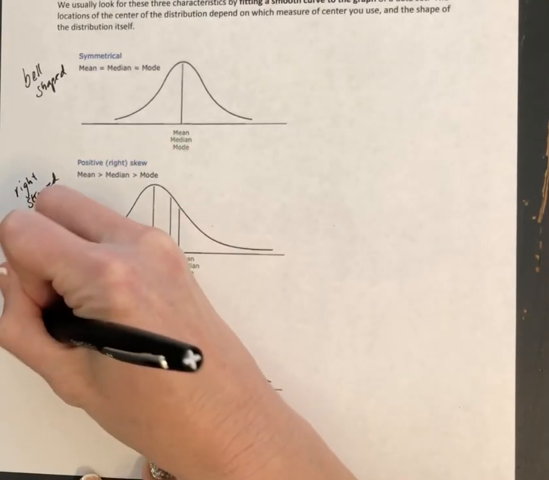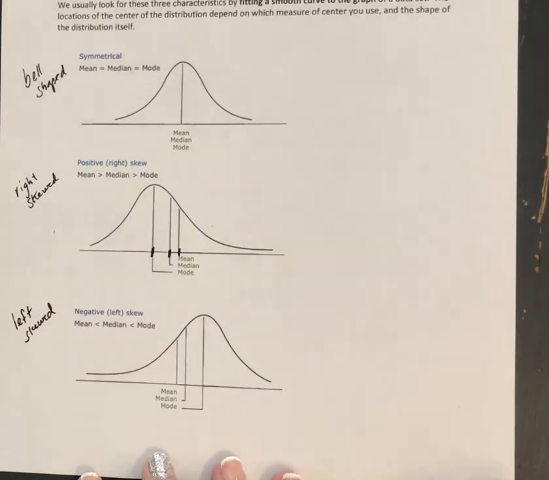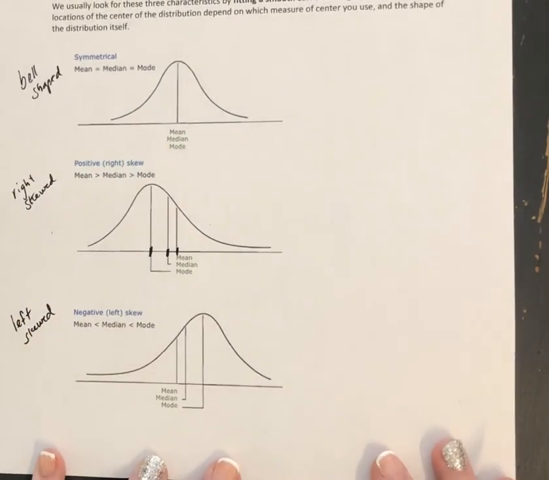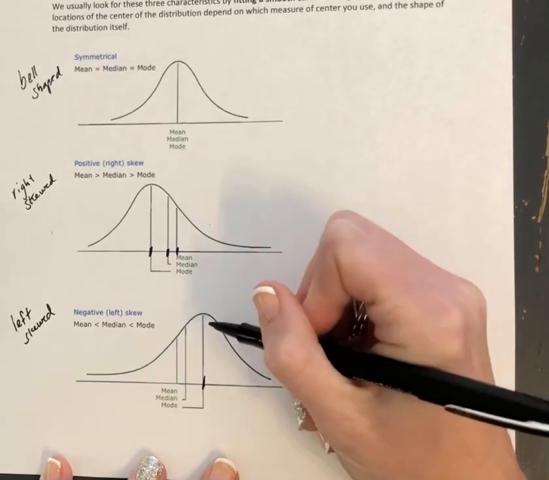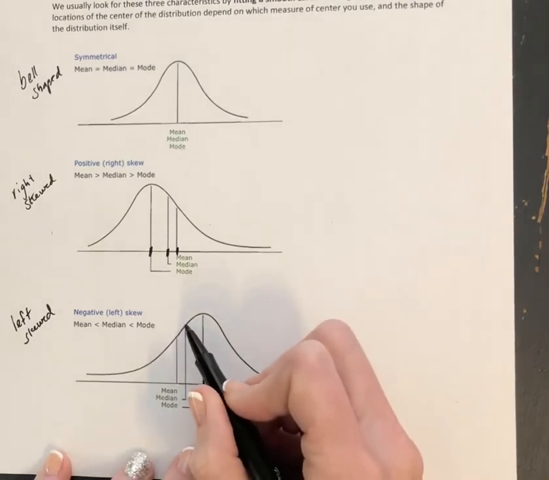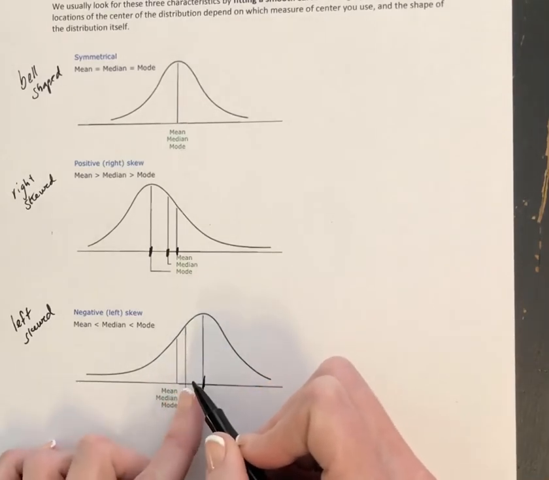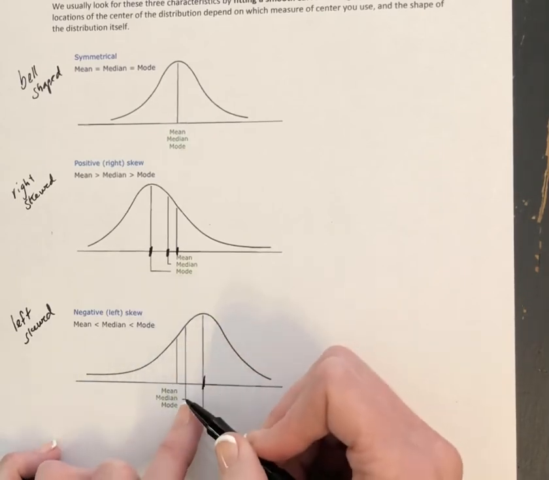If we have a left skewed distribution, we have similar things happening. They're just going the other direction. So our mode is still going to be right here under the peak of the distribution. The median is a little bit to the left of that. We want it to look like about half the area under the curve is to either side of that median.